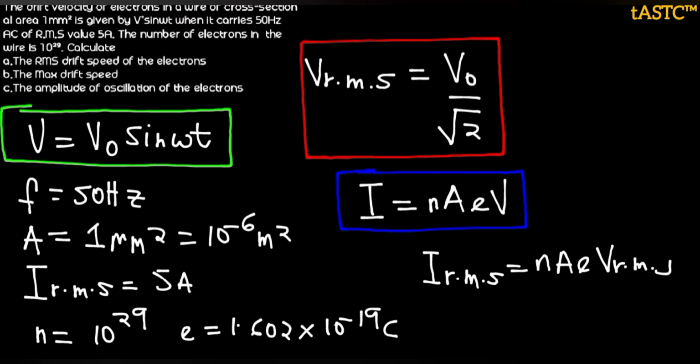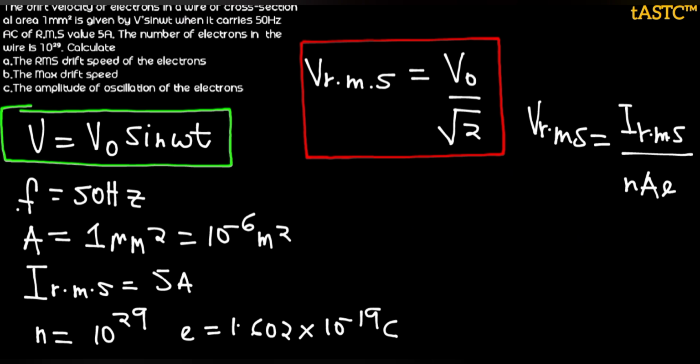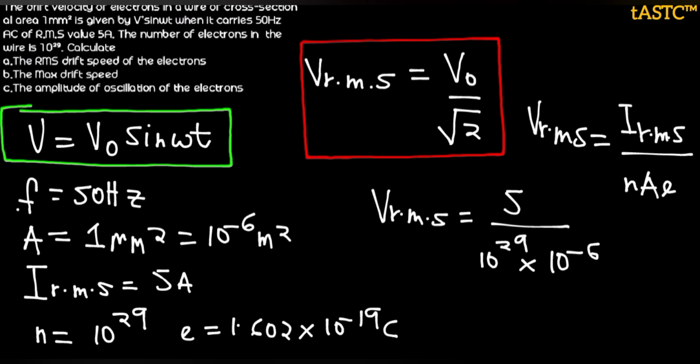So V RMS should be equal to I RMS divided by N A E. So V RMS here is going to be I RMS, which is given as 5 amps, divided by N, which is 10 to the power of 29, and this is multiplied by A. Now A in this case is 10 to the negative 6.